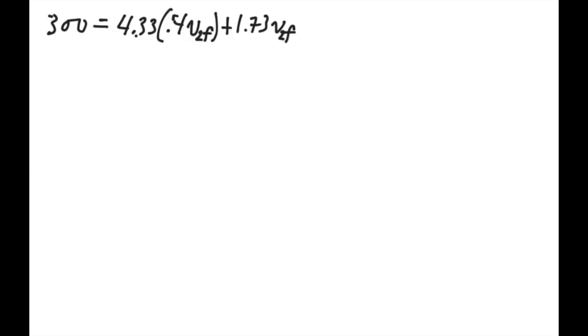Let's plug this in to our other equation. So we're going to have 300 is equal to 4.33 v1 final, which is now 0.4 v2 final, plus 1.73 v2 final.